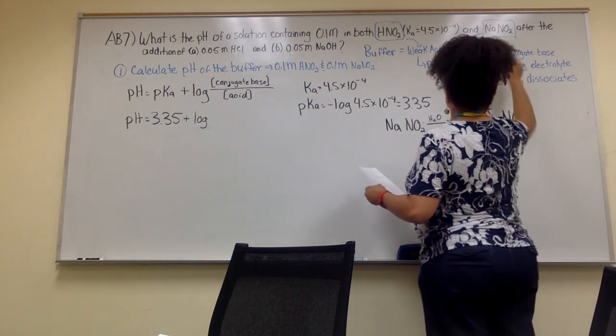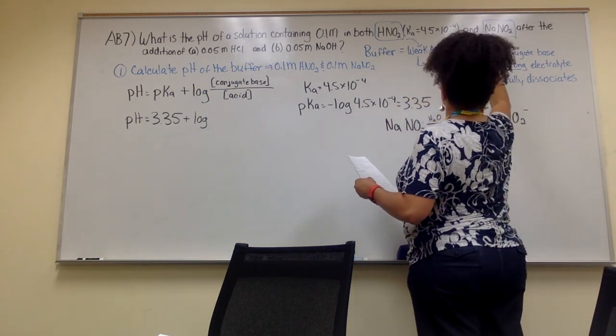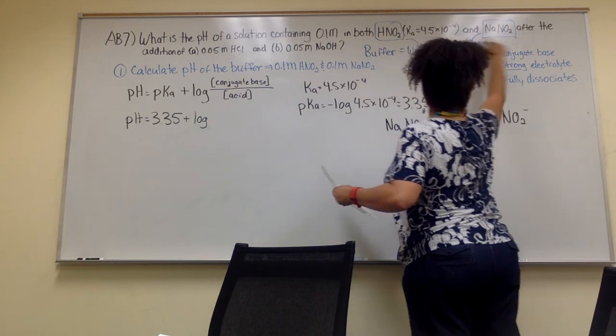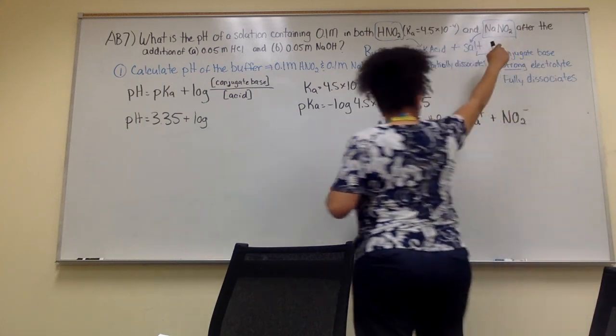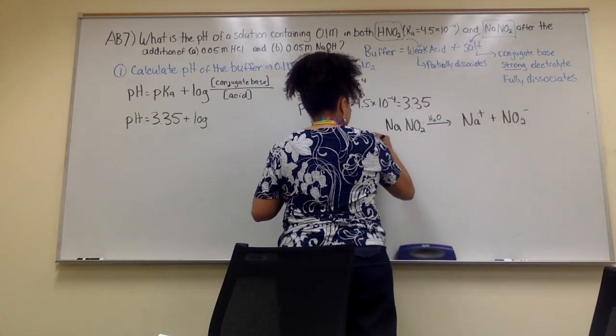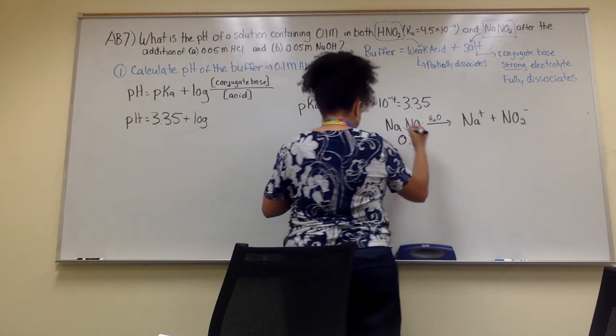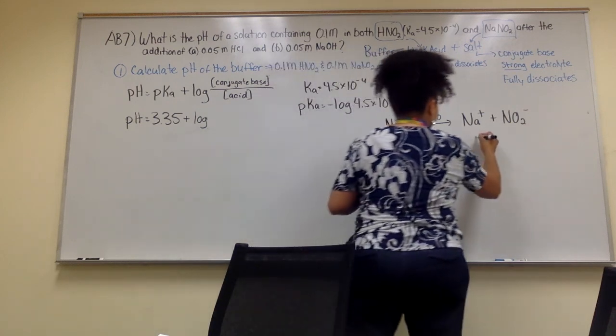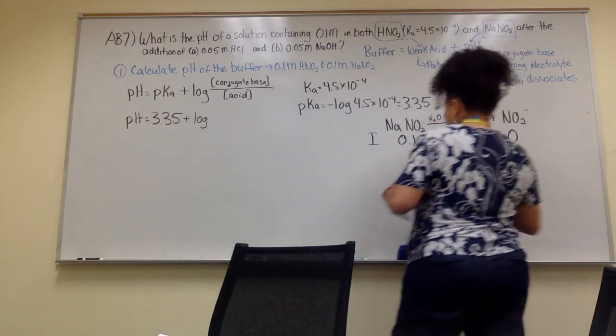We start with 0.1 molar of sodium nitrite. So initially we have 0.1 molar. We don't have anything that's formed.